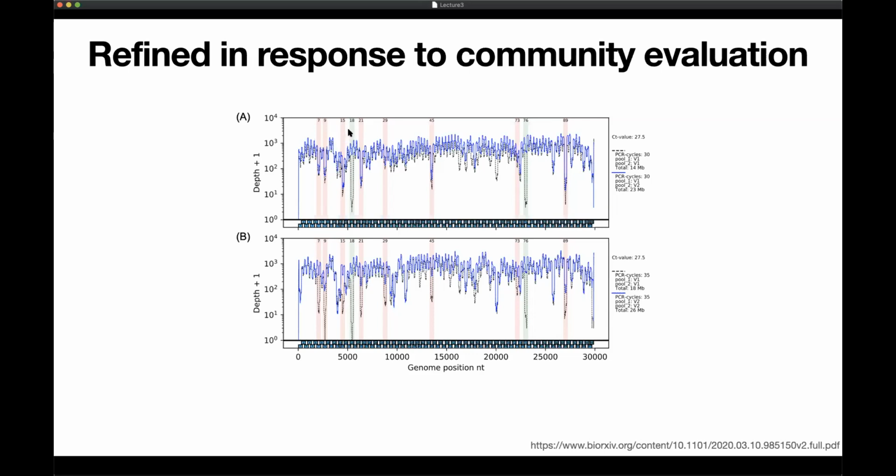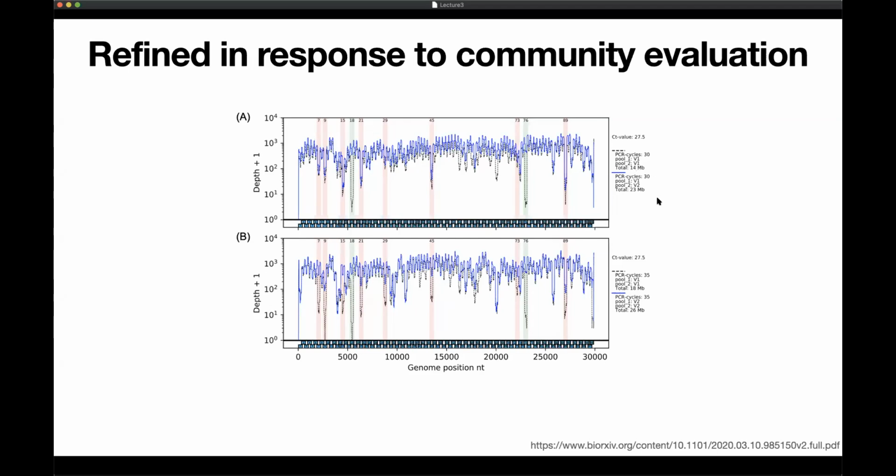But then if you go, say, into primer 18, or just generally the ones that are shown in red, you have these dips. So you have much fewer reads mapping to these amplicons, which could mean that the reads weren't there, and that's the assumption that they're making, that these primers were not very good at amplifying their specific amplicons, so the 7, 9, 15, 18, 21, and so on.